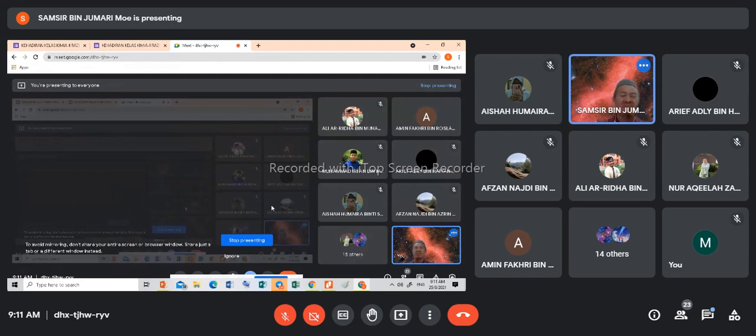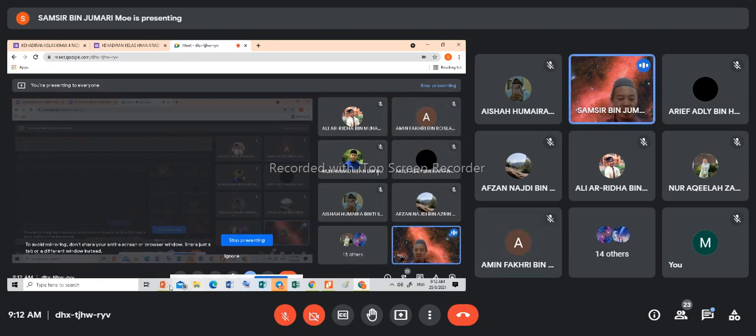Kadang-kadang proses tu kalau dalam kita menjalankan tindak balas itu, dia punya prosesnya. Proses untuk menjalani tindak balas kan. Memang jenis tindak balas yang berlaku adalah tindak balas peneutralan. Okay, jelas. Jelas cikgu.